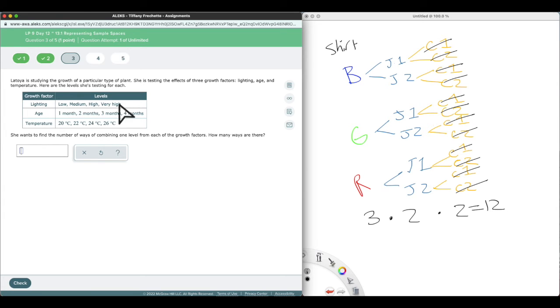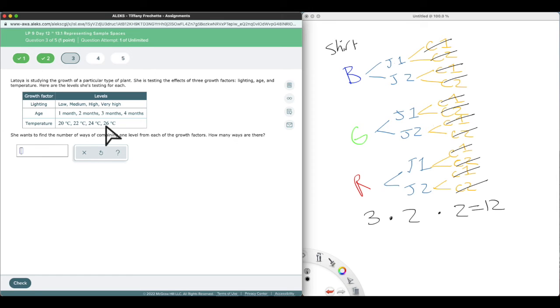So that's 4. 1, 2, 3, 4. So she can put the plant in any one of those 4. Age, we have 1 month, 2 months, 3 months, 4 months. That's another 4. And temperature, we have 20 degrees, 22 degrees, 24 degrees, or 26 degrees, and these are all Celsius, not Fahrenheit. So that's another 4 options.